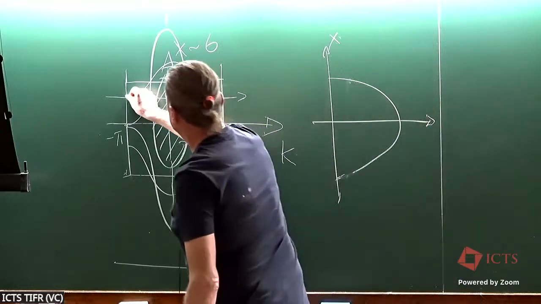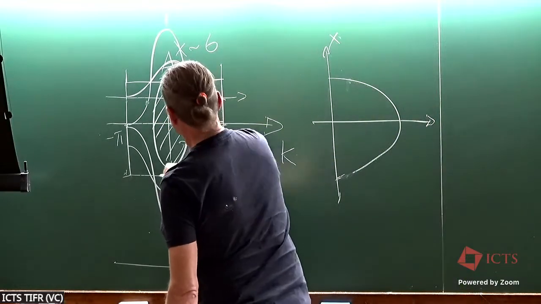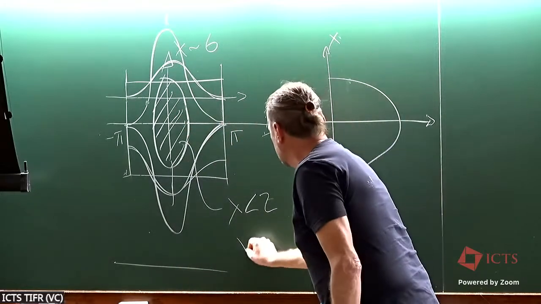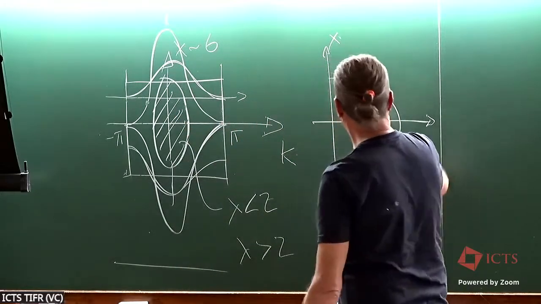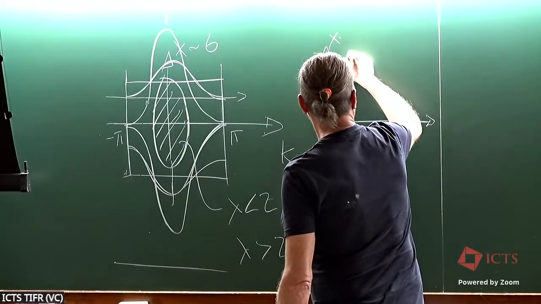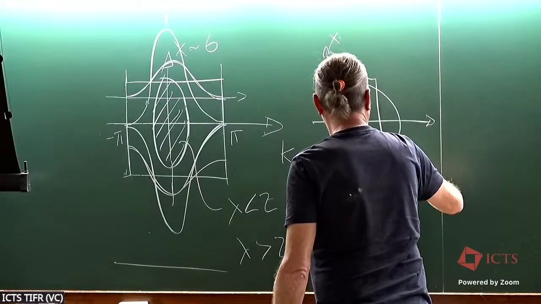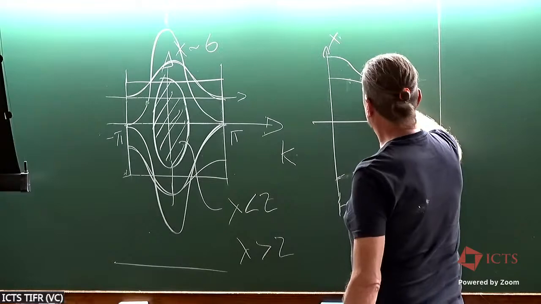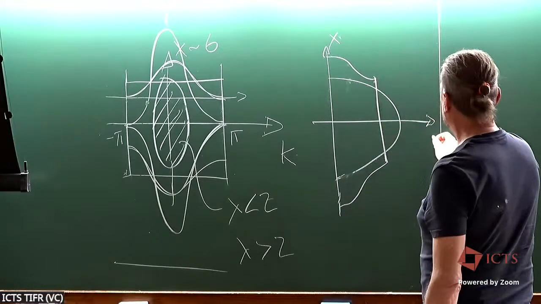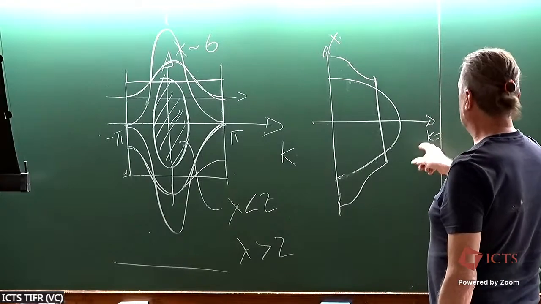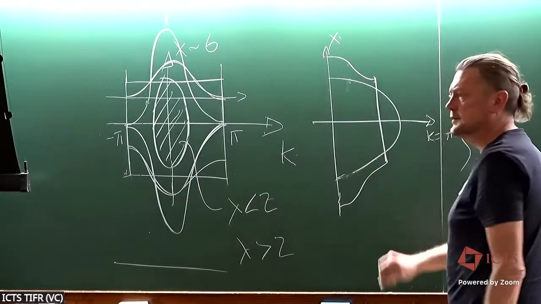In the case of lambda greater than 2, my density has a flat plateau. I remind you that k is essentially proportional to the density.